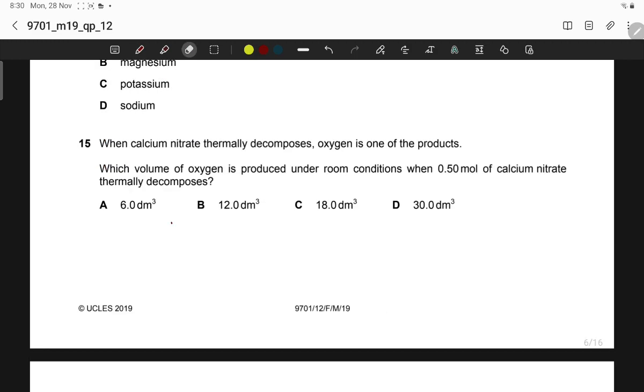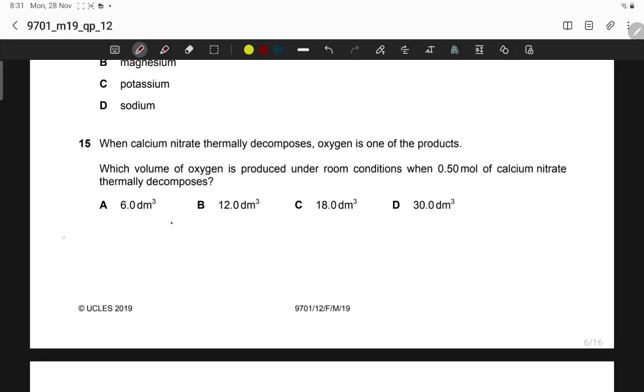So the next question on moles from this paper is again to find the volume of gas, from the decomposition of calcium nitrate. The question is: when calcium nitrate thermally decomposes, oxygen is one of the products. Which volume of oxygen is produced under room conditions when 0.50 mole of calcium nitrate thermally decomposes?